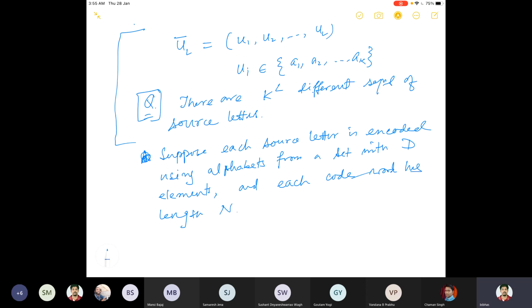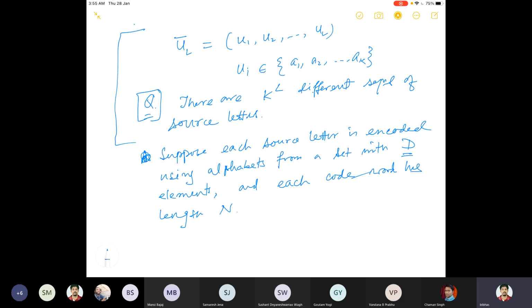For example, if D is 2, the corresponding set is just 0 and 1, because there are only two alphabets, 0 and 1. Each code word has length n.